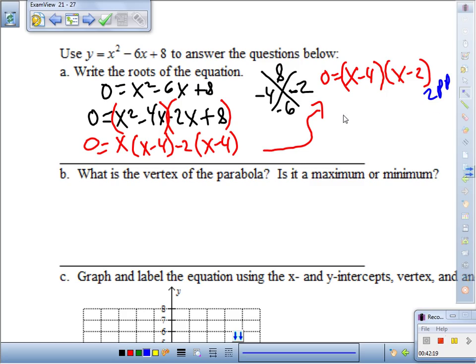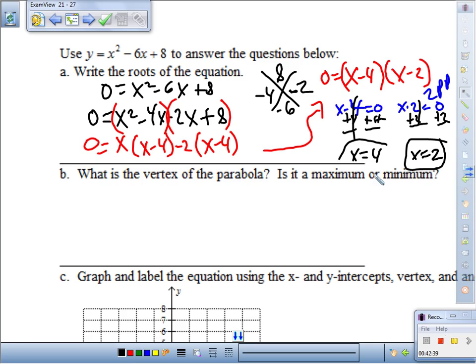ZTP. So therefore, x minus 4 equal to 0, x minus 2 equal to 0, and solve. Plus 4 plus 4, x equals 4, plus 2 plus 2, x equals 2. And those are my what? Roots.